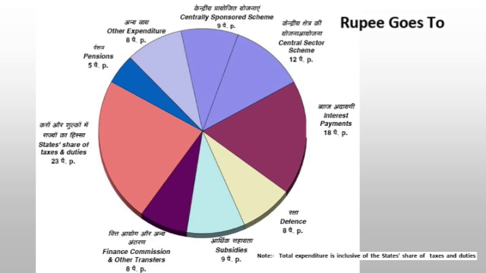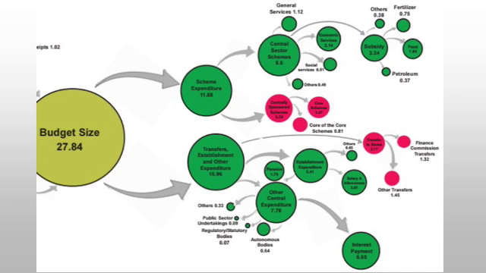Now let us try to understand that in the form of a chart. If you see these, friends, it shows the various expenditures of the government of India in the form of circles. Now to understand this, you have to understand how money gets transferred from center to states.